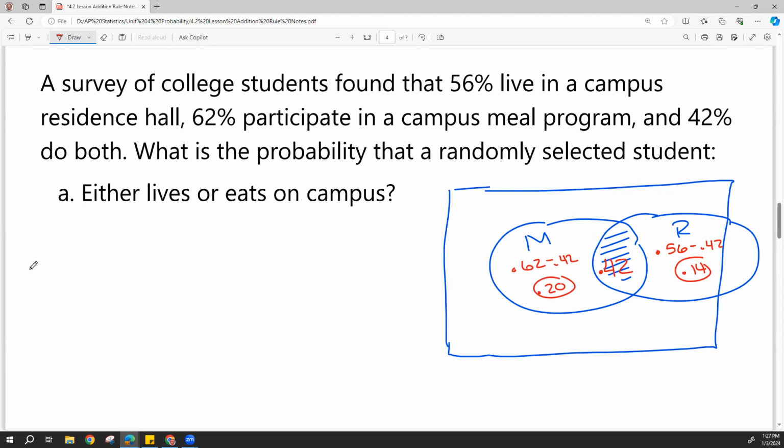And so if we want to know the probability of living in a residence hall or having a meal program, eating on campus, we can add those probabilities together. And then subtract away the overlap.